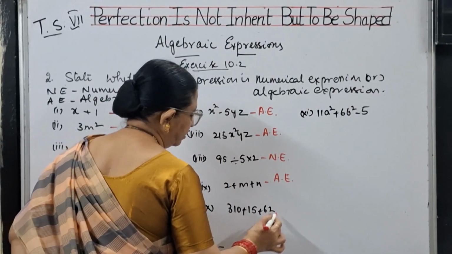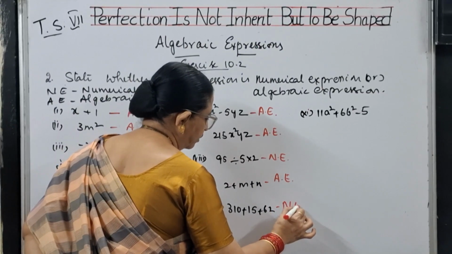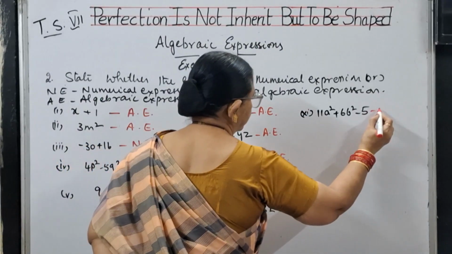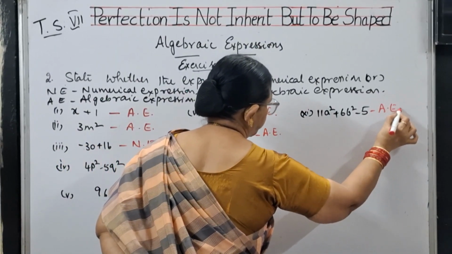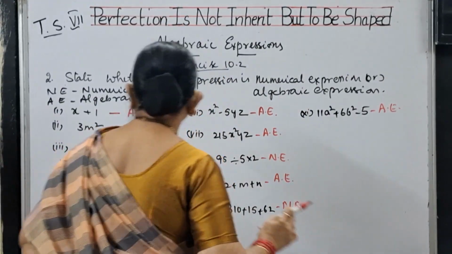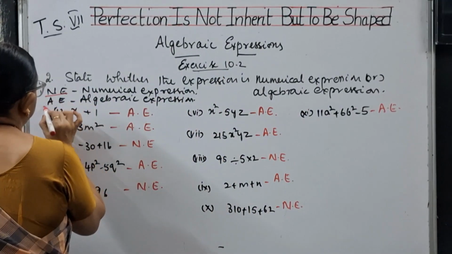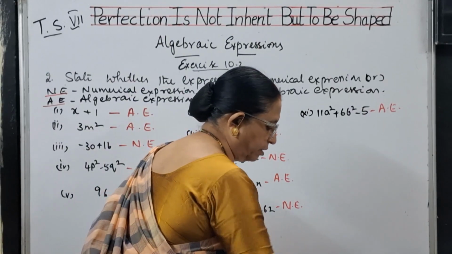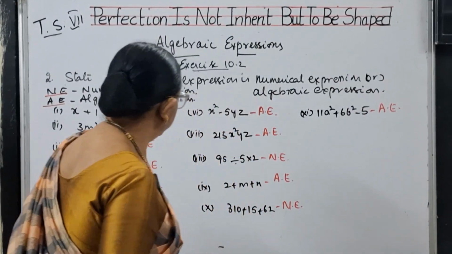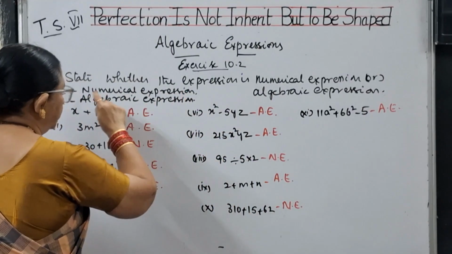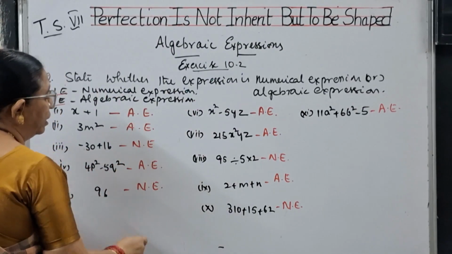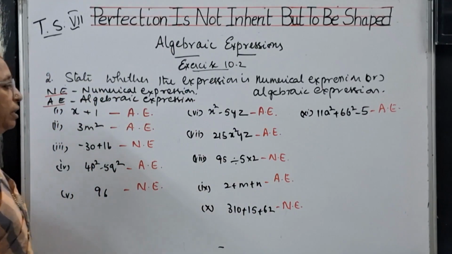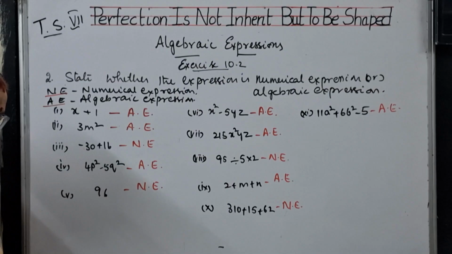Here only numbers are there, numerical expression. And here this is an algebraic expression. So I hope I'm clear, children, numerical expression and algebraic expression. Instead of writing such a big term every time, numerical and algebraic, I have written like this. I hope I am clear to you, children. Please note it down.